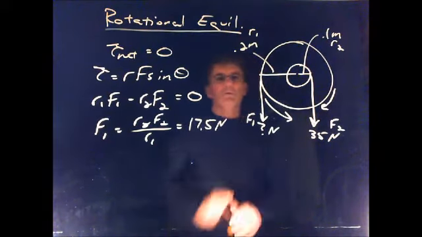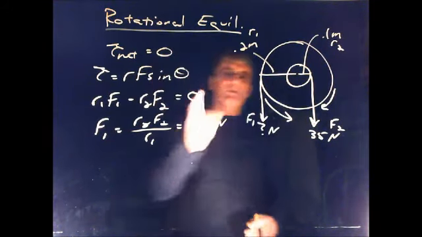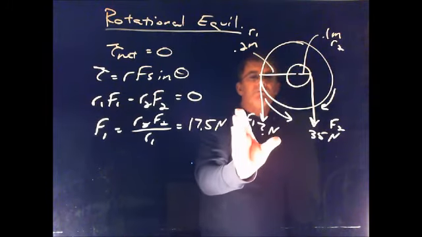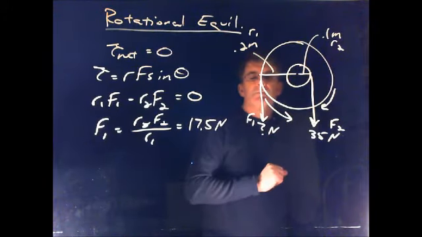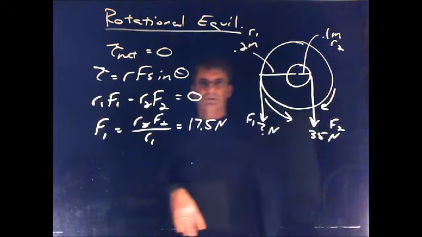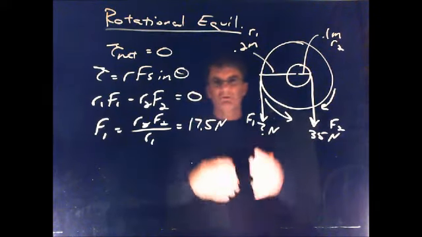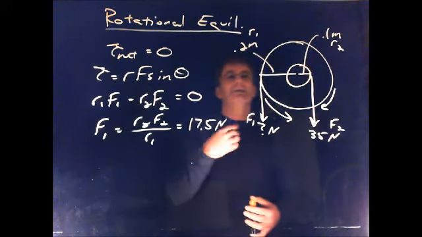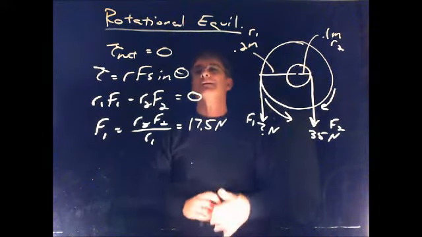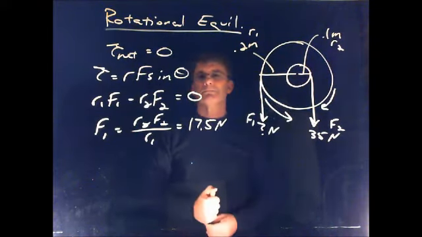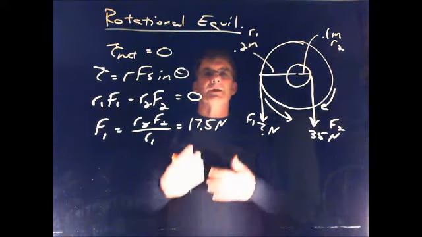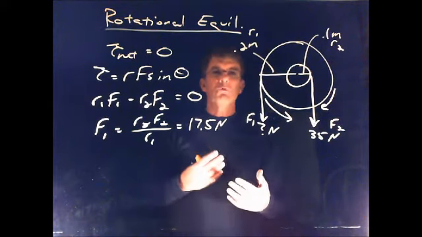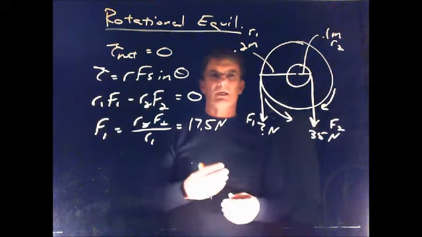If this was only 10 newtons, then we're going to have an angular acceleration. We need more information to really do anything with that, except to recognize it is accelerating rotationally. But this is how we apply torques, and especially with the signs.